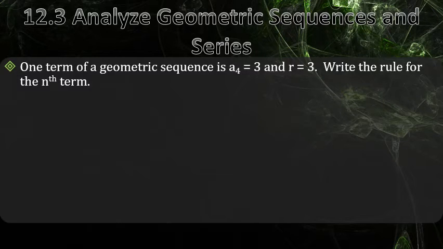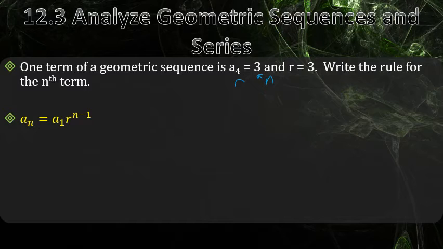All right, one term of a geometric sequence is a4 equals 3 and r equals 3. I'll write a rule for the nth term. Well, I start off with my formula, an equals a1 r raised to the n minus 1. I know when n is 4, the an is 3, so I can fill those in.